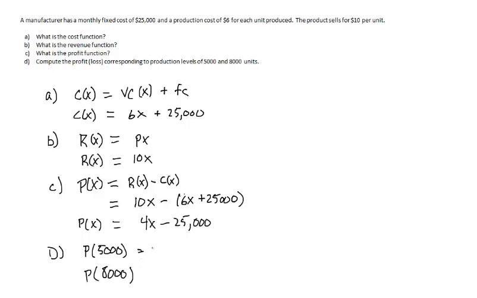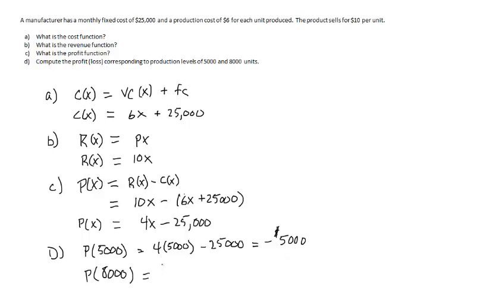So we're going to have 4 times 5,000 minus 25,000, which is 20,000 minus 25,000, or negative 5,000. Remember, this is dollars. So if they're making 5,000 units, they're losing $5,000.